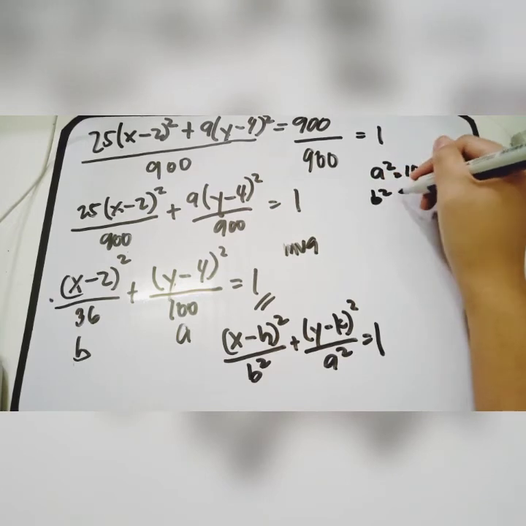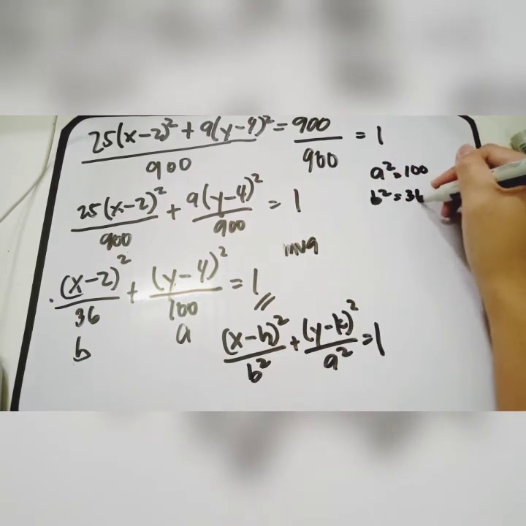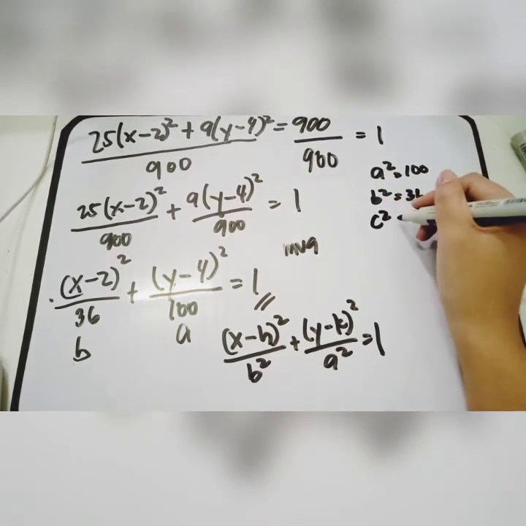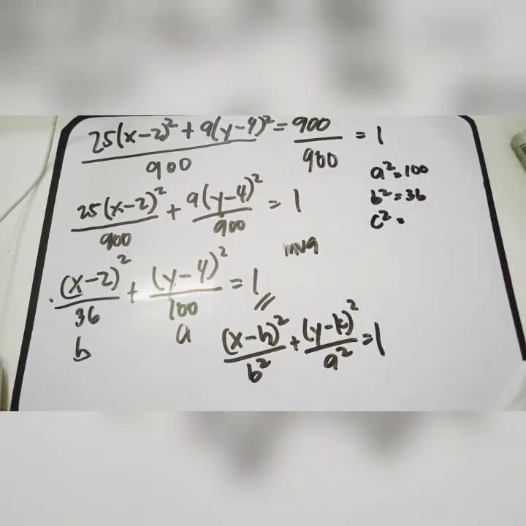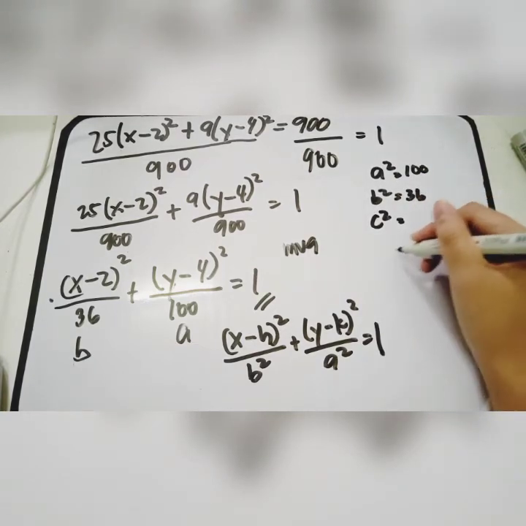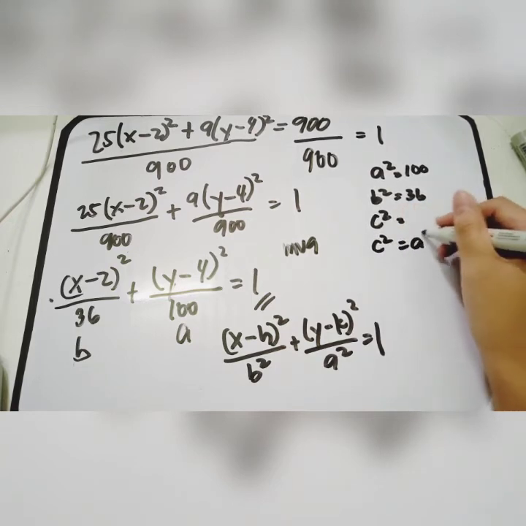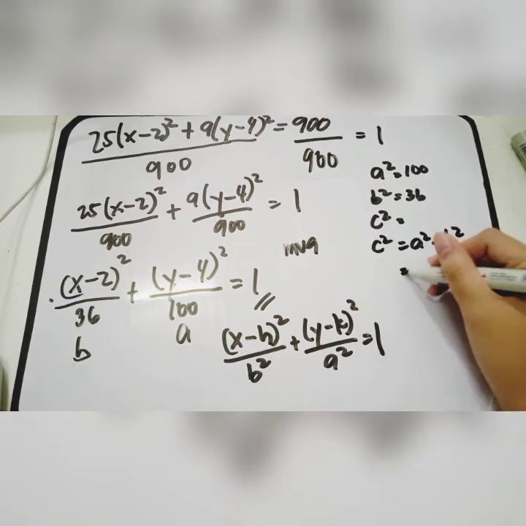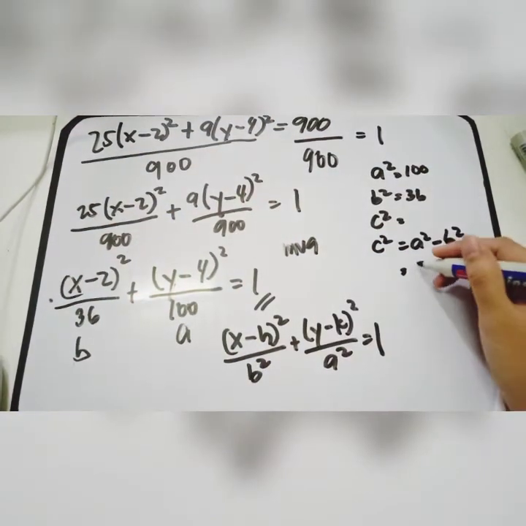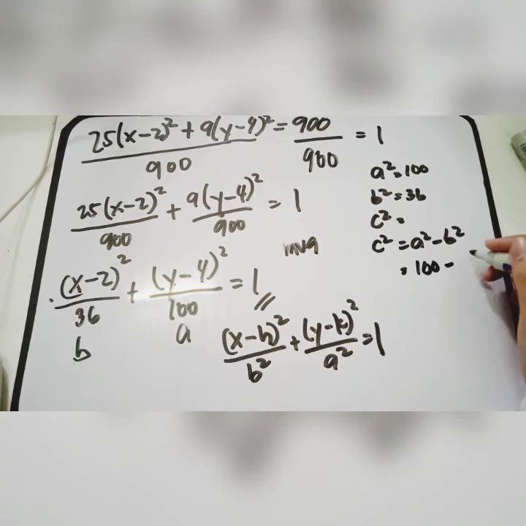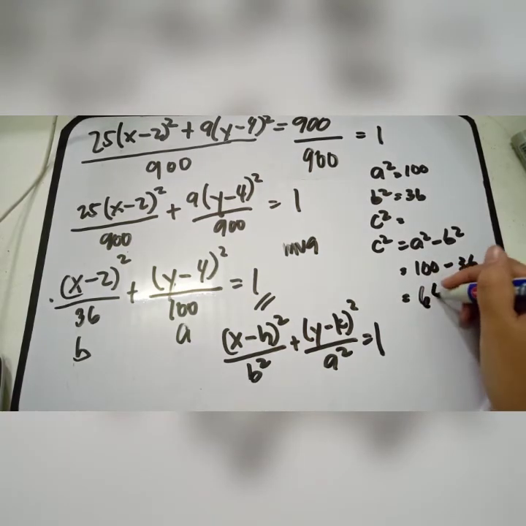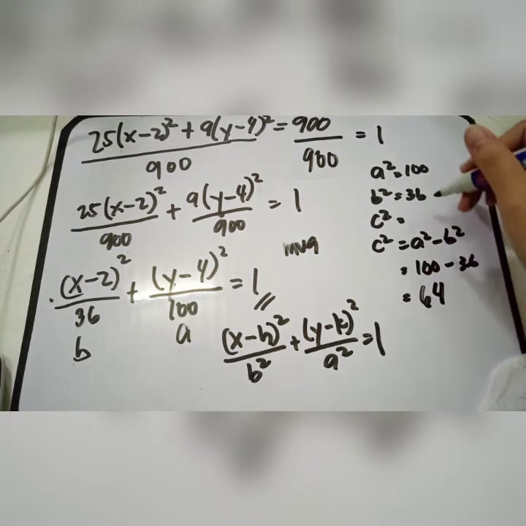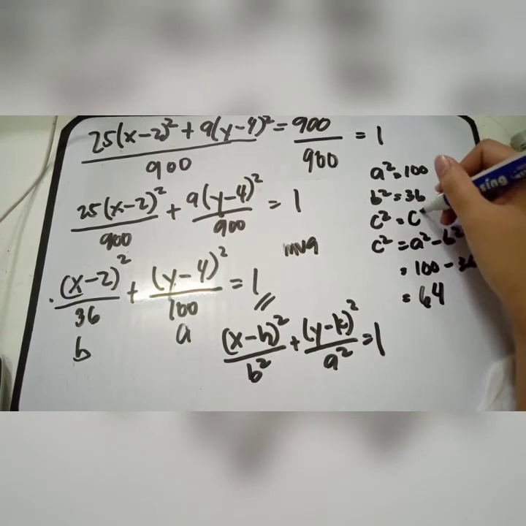For b squared, it's 36. And then for c squared, we have to find pa. So, substitute. C squared is equal to a squared minus b squared using this formula. So, the value of a squared is 100 minus, for b squared, 36, 64. So, our value of c squared is 64.